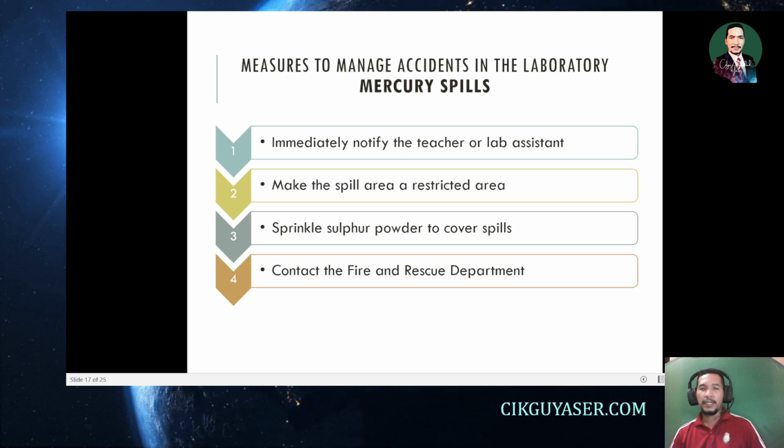After that, step number 3, we sprinkle sulfur powder to cover the spill, and then we contact the fire and rescue department. In 1.1, I showed you already what will happen if mercury spills in the school lab.